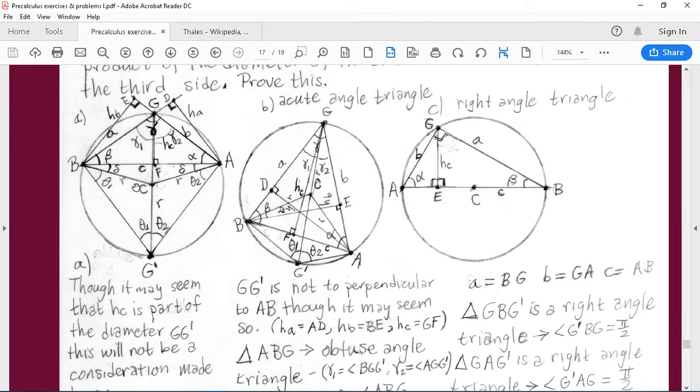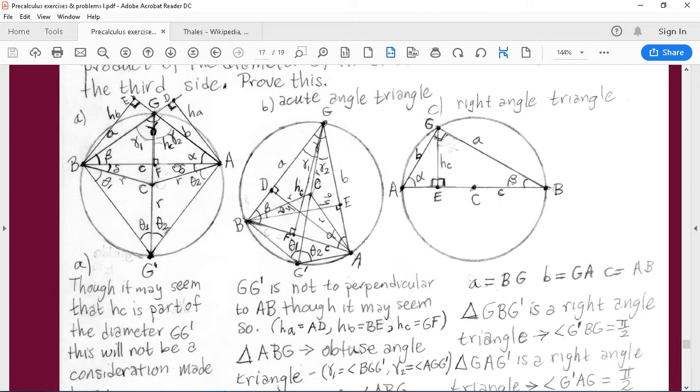Remember, triangle BAC is an isosceles triangle because segments BC and CA are equal. They are equal to the radius of the circle. The same can be said of triangles BCG prime and ACG prime.